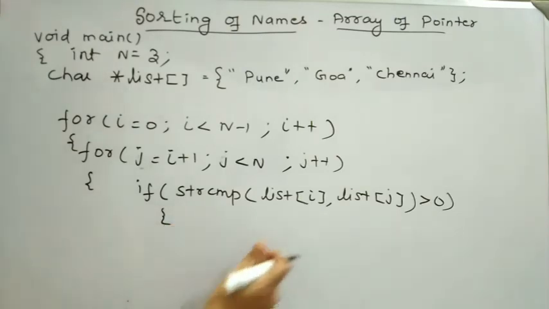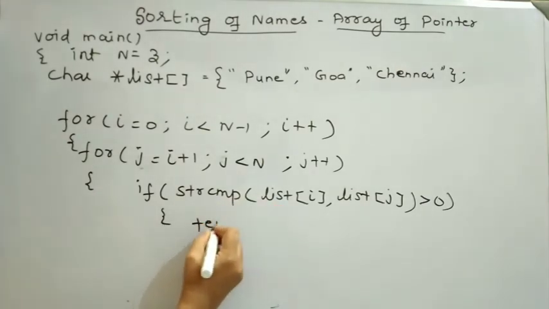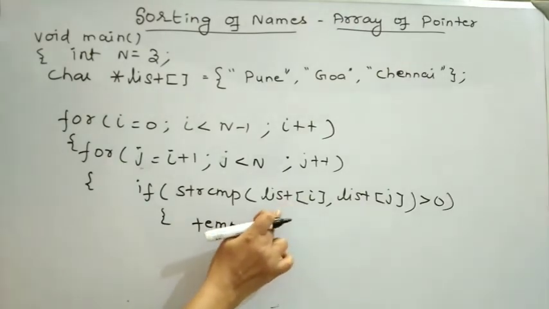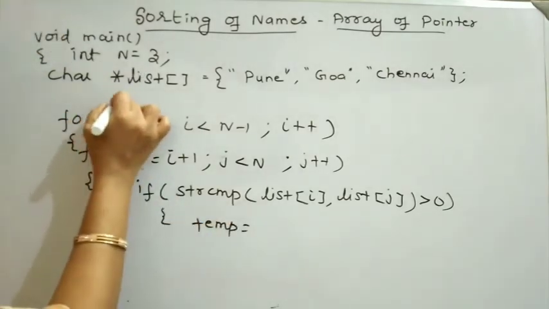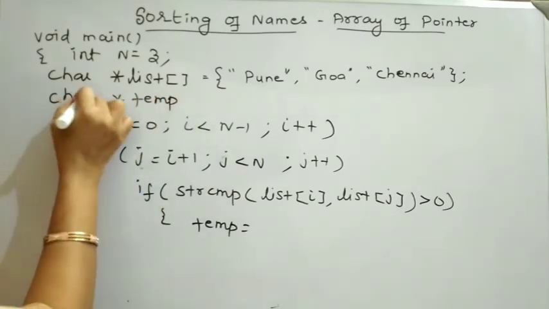What is the swap procedure? I need to swap both the base addresses. For the swap I am using temp. Temp should be of the same data type. What is list? List is an array of pointers to character, so temp should also be a pointer to a character.